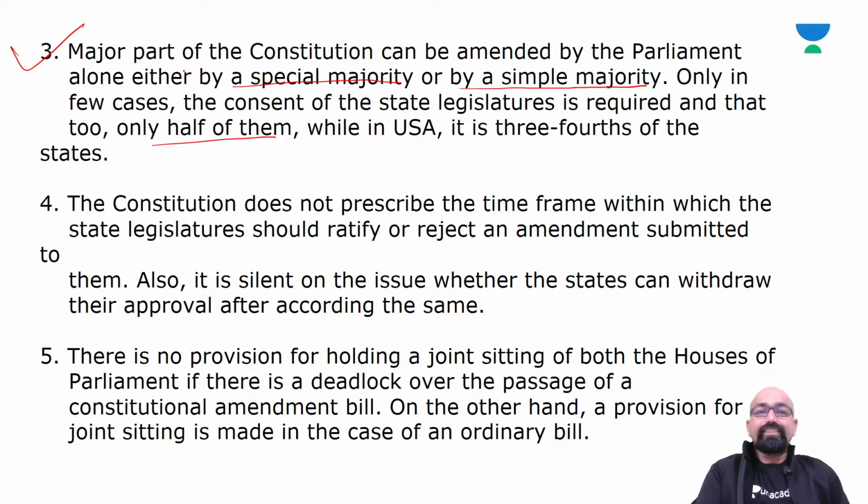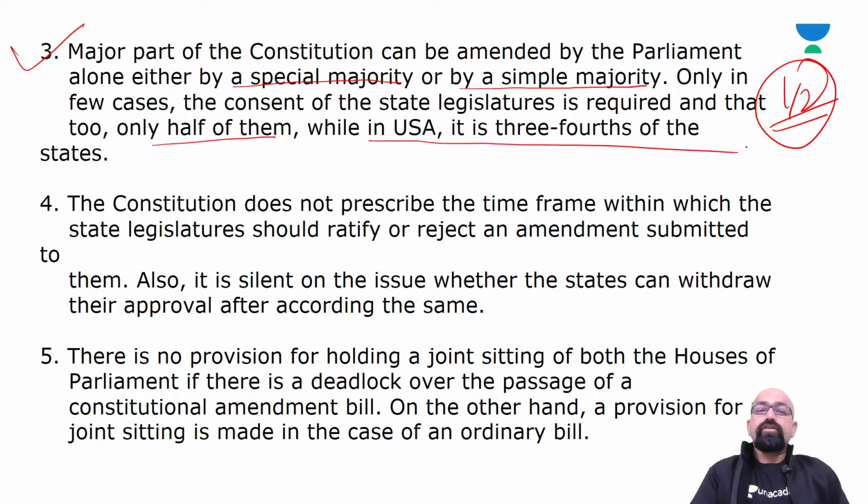Critics note this point, comparing this loophole with the USA, where they say it is 3/4 of the states.